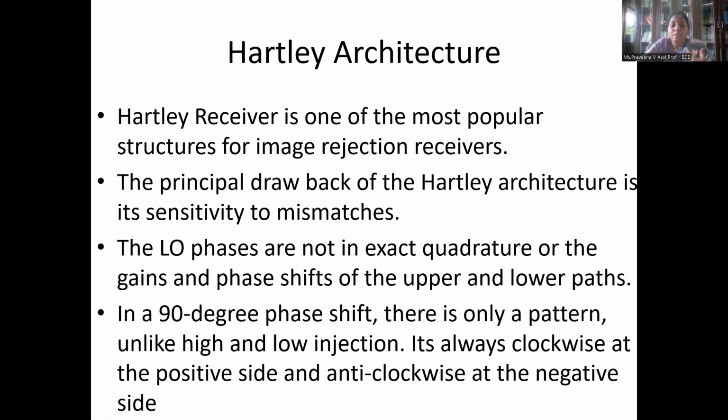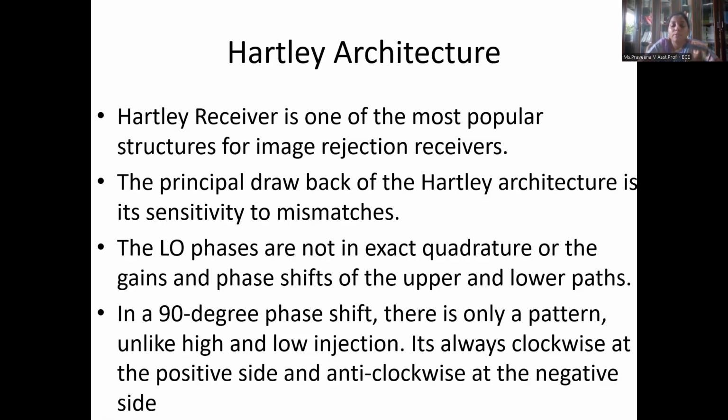Its main drawback is that it is very sensitive to mismatches in the circuit. If it is not properly matched, part of the signal gets reflected back to the source itself, so there will be some signal loss and the signal will not be properly delivered to the receiver.